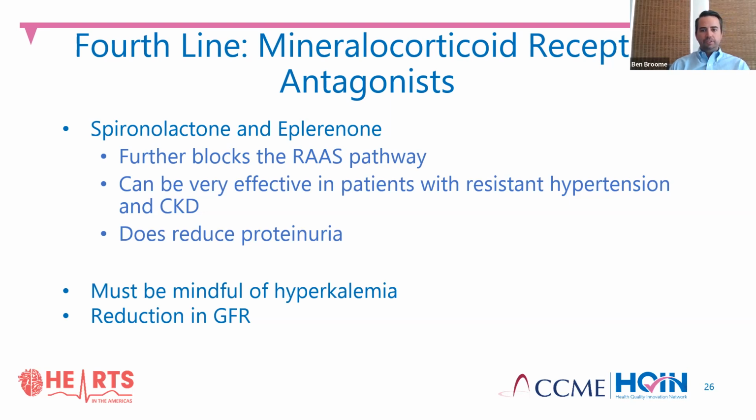They can be used in conjunction with an ACE or an ARB, but you have to be even more mindful of hyperkalemia and close monitoring if you decide to use both of those classes. And again, because of its effect on the RAS pathway, you may see a more reported reduction in GFR. And that, again, is not a reflection of damage to the kidney itself.